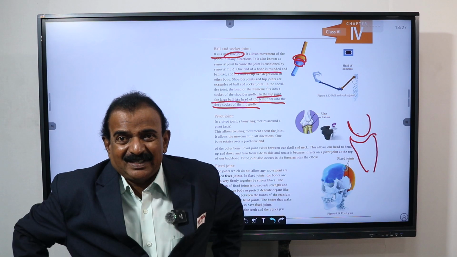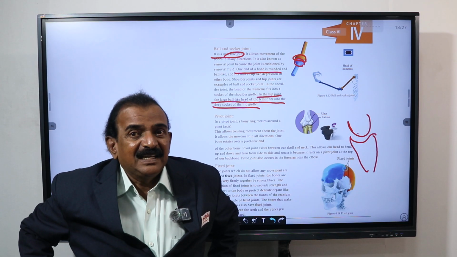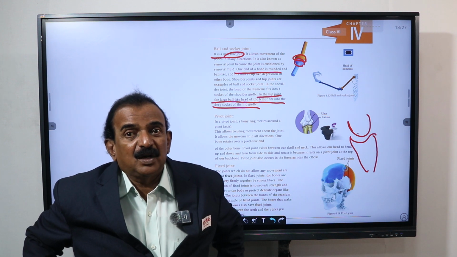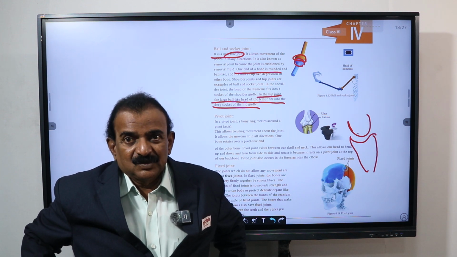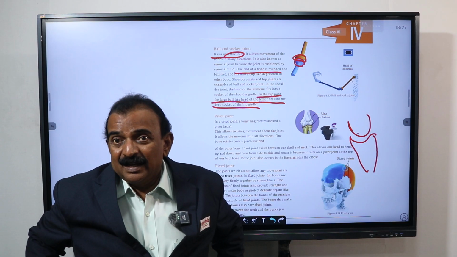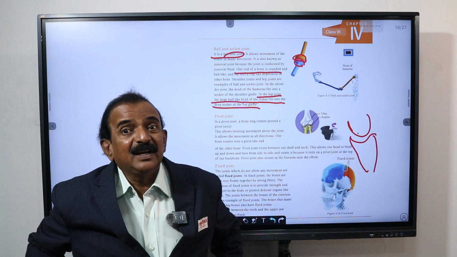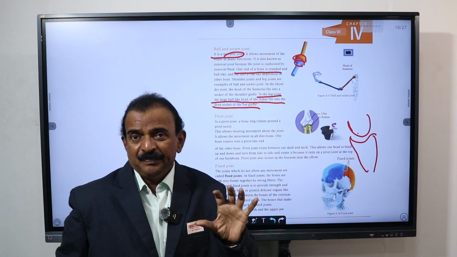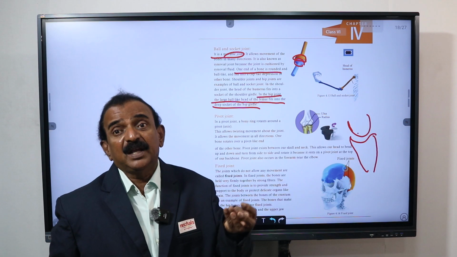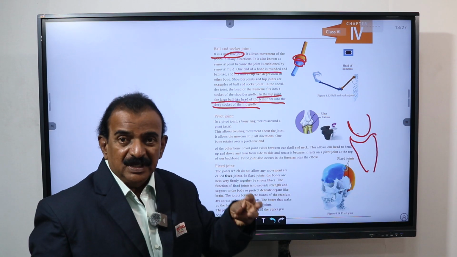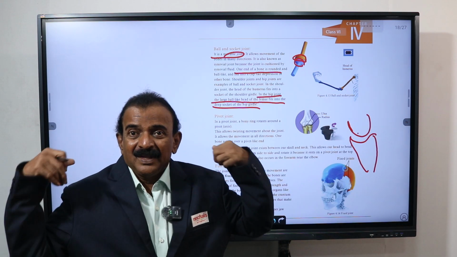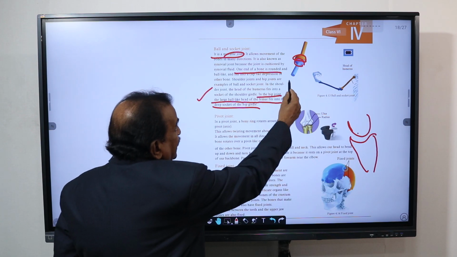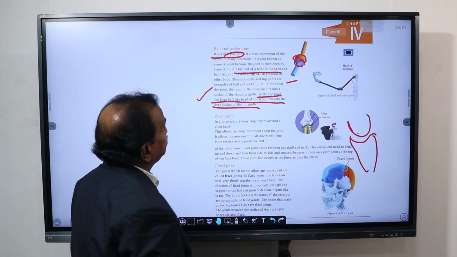Here the femur is fixed in the pelvic girdle by the formation of a ball and socket. So in the hip joint they form a socket, and at one end the femur looks like a ball, and it forms a ball and socket, and that joint is also called a synovial joint. So these synovial joints are present in the shoulder region and also the hip region. So two examples are over. So this is the ball and socket joint.